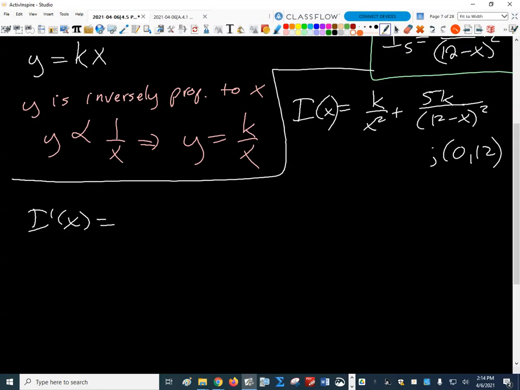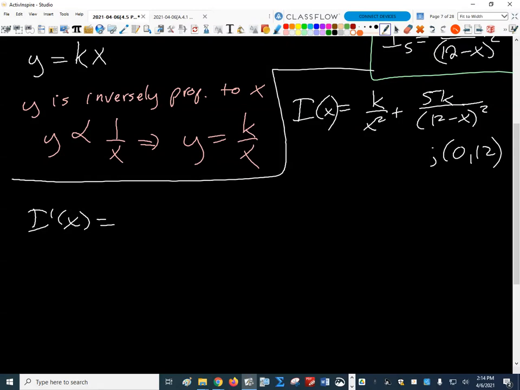K over x squared, I should think of it in what form to differentiate it? I don't want to use quotient rule because I know the derivative of k is going to be 0. So why go through the whole hassle of doing quotient rule, right? It'd work. K times 1 over x squared.